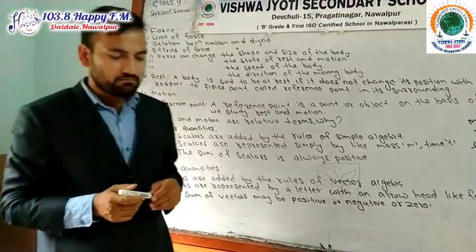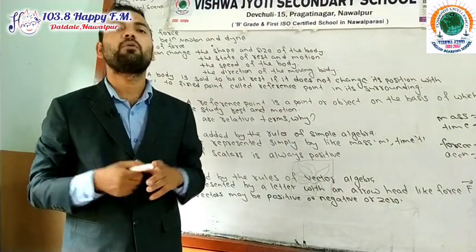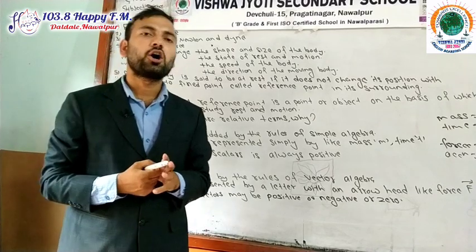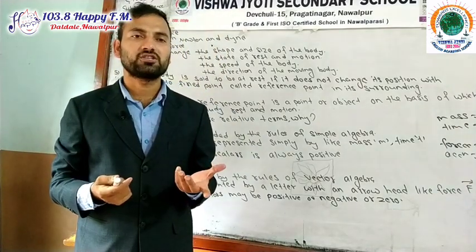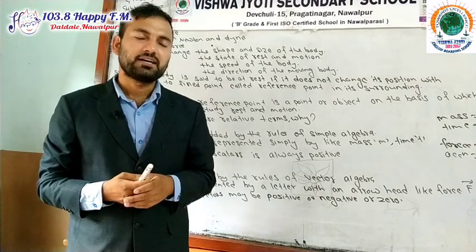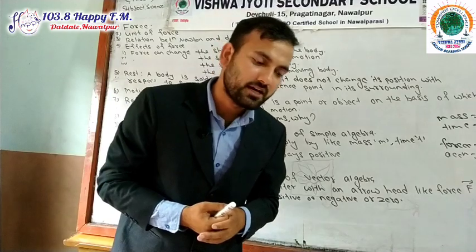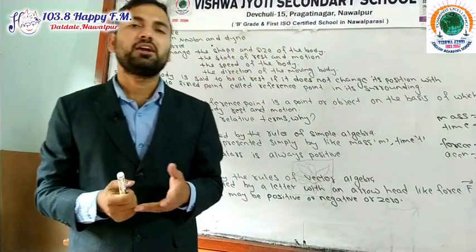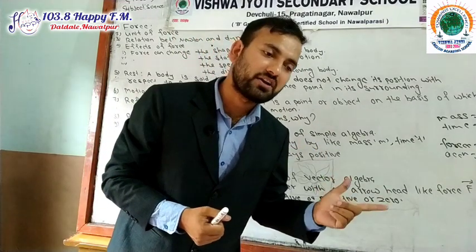Next, what is speed? The distance covered by a body per unit time is known as speed. Its SI unit is meter per second. It is called a scalar quantity.